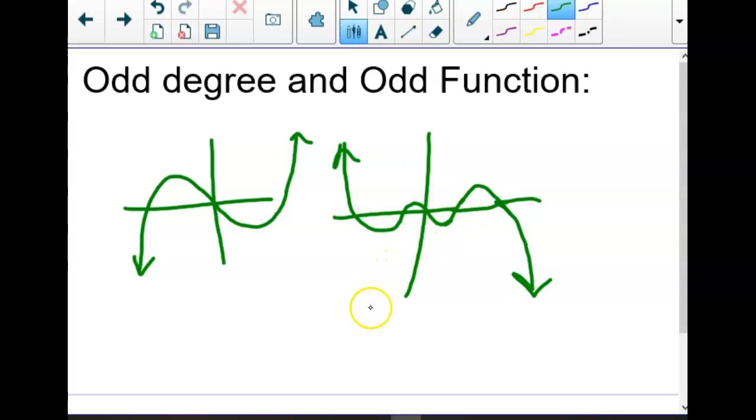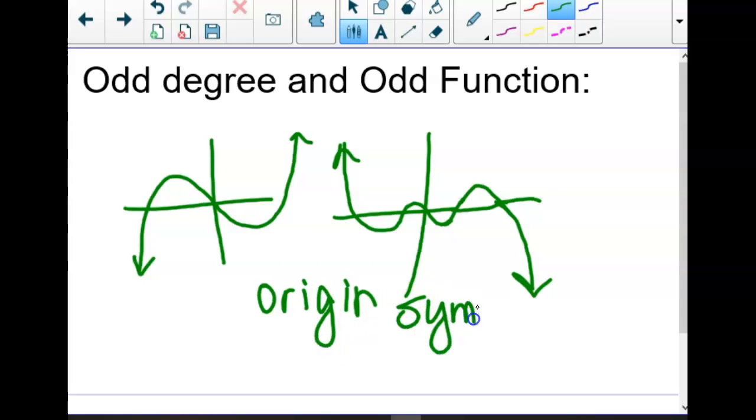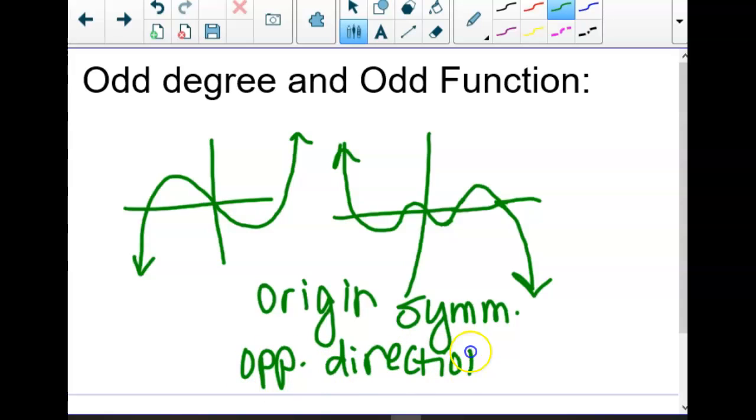All right, that would be odd degree, odd function. Ends are going opposite directions and it has origin symmetry. Opposite direction of arrows, one up, one down.